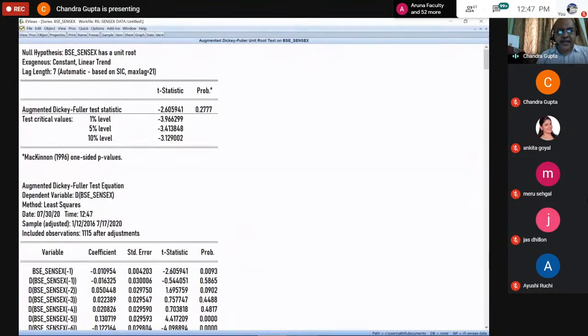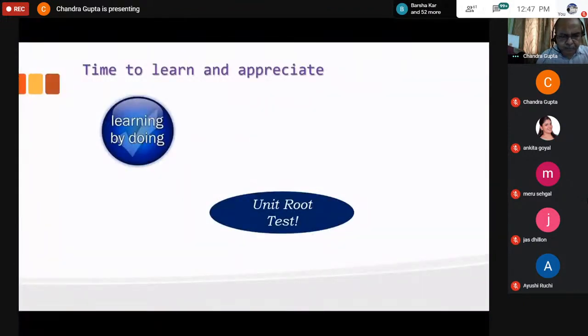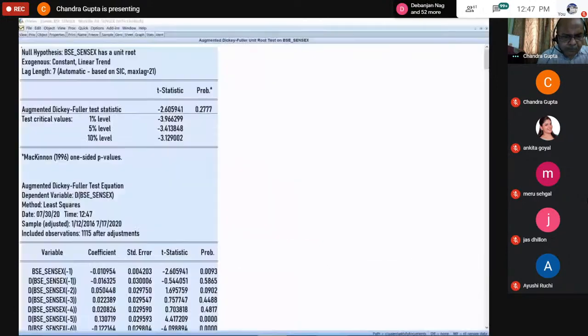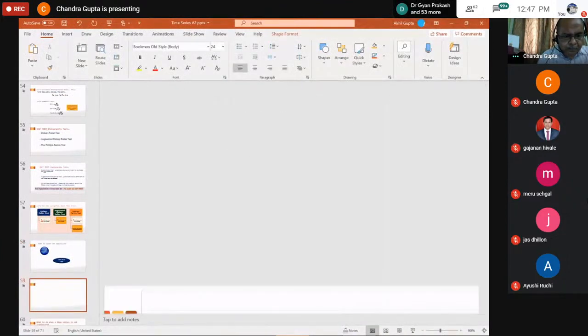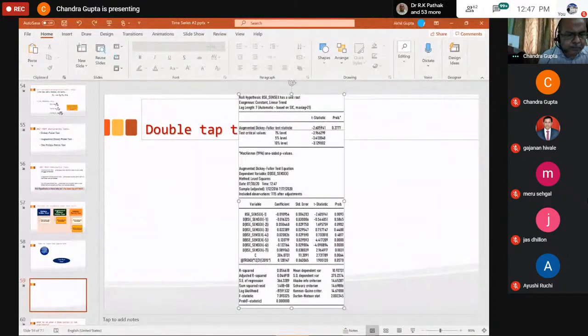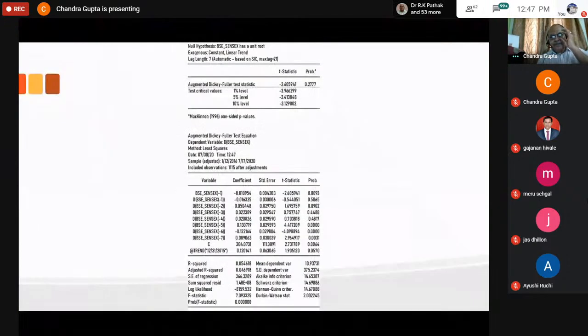The null hypothesis is that the series has a unit root. Let me copy it. The null hypothesis is that BSE Sensex has a unit root, that means if rho is equal to 1, then the series will be non-stationary, right?